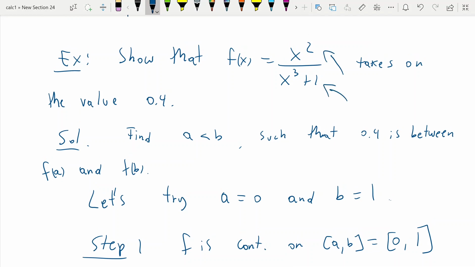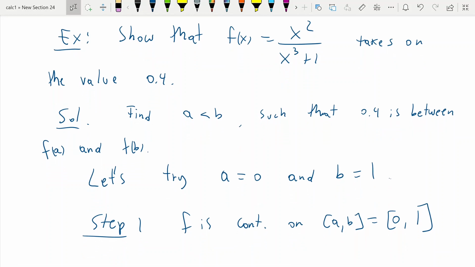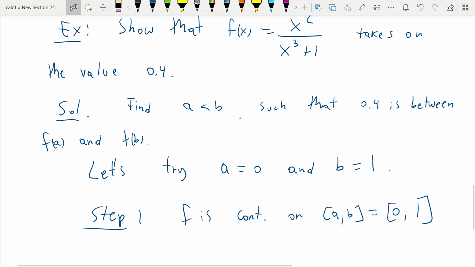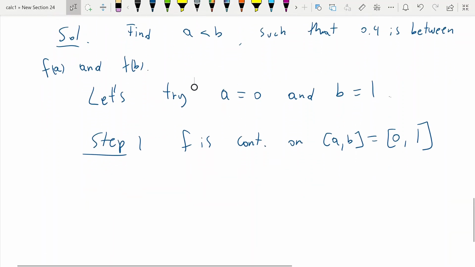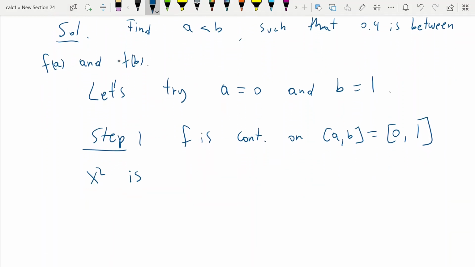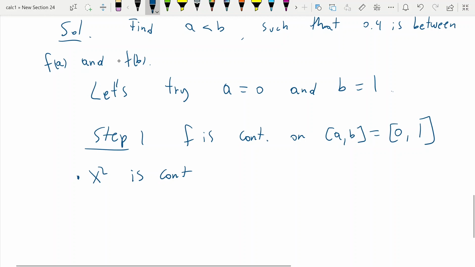So these two functions are continuous. Now, the only problem could arise if x cubed plus 1 were to vanish between 0 and 1. But that's not the case. So x squared is continuous everywhere, and so is x cubed plus 1.